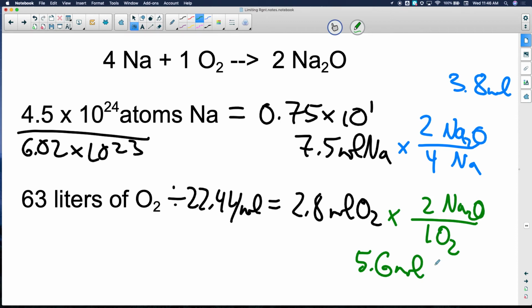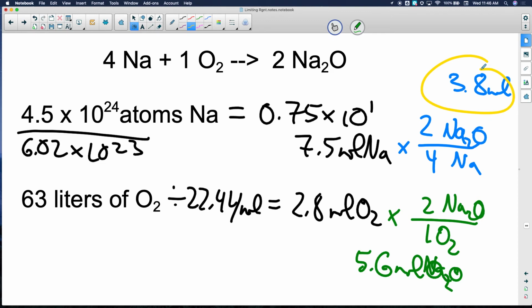Correct. 5.6 moles is what that would predict. How many moles am I actually going to be able to make? 3.75, 3.8. This is my actual amount I'm going to make.